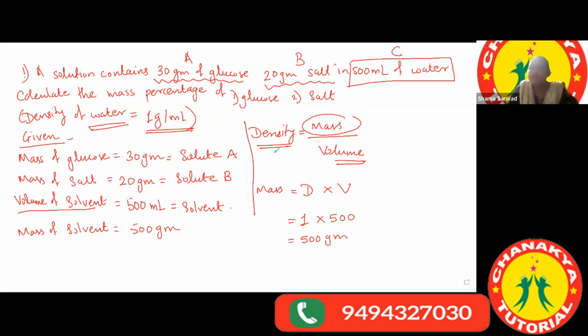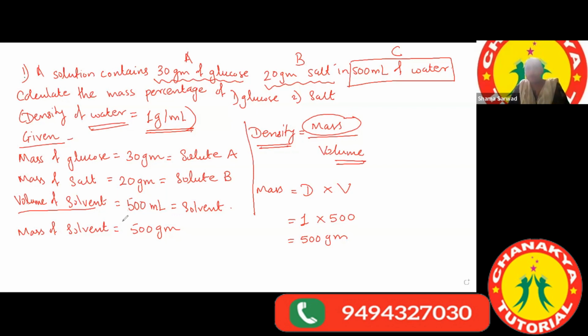Understood how you have to use density to calculate the mass if volume is given? Anybody who does not understand, please let me know so I can explain it again. So what is given here? In a problem, first of all, what you have to do, you have to identify the mass of solute and mass of solvent. In this problem, they have given you two solutes in a solution.